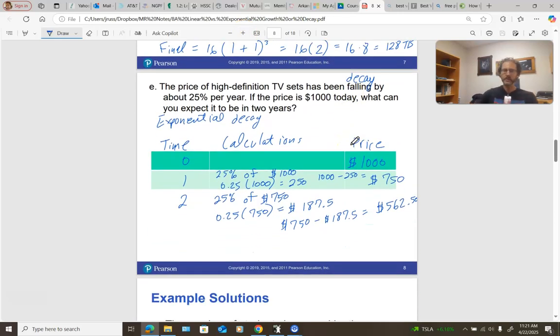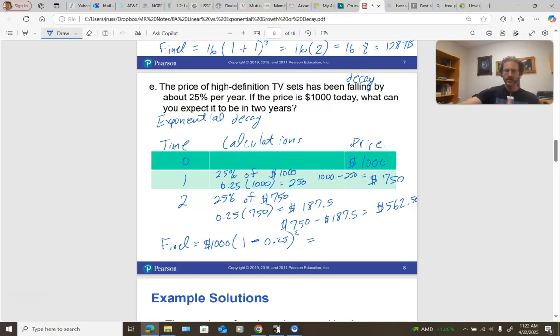Yeah, let's do this using the formula as well. So using the exponential formula, the final is equal to the initial amount, which is $1,000, times in parentheses 1 minus, this time though, because we're talking about a process of decay, the rate of decay, which is 25%, as a decimal, and this is over a 2-year period, so our exponent will be 2.